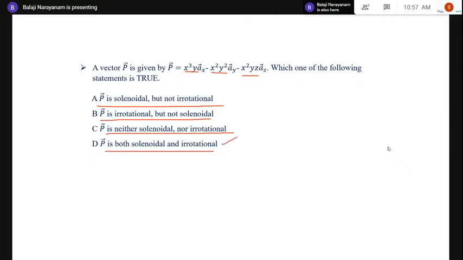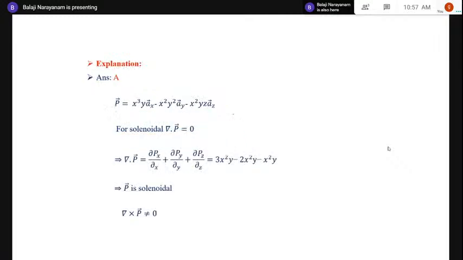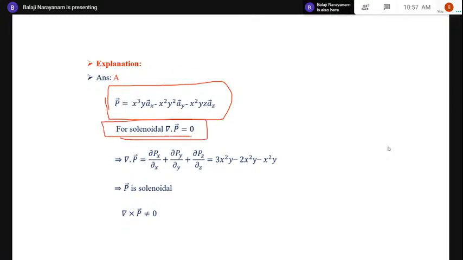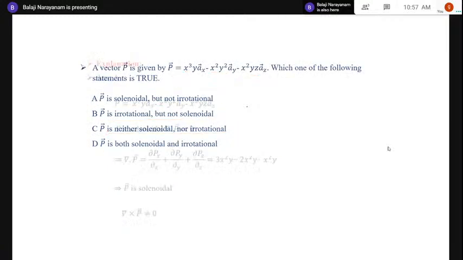Actually we are going to get these concepts in the topic we are going to discuss, that is magnetostatics and current related, but we may take this up with the concept. P bar is given as x cube y ax bar, x square y square ay bar, minus x square yz az bar.